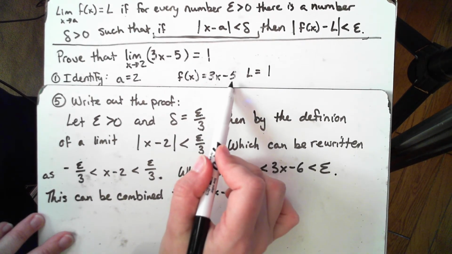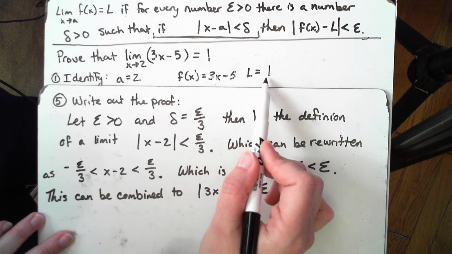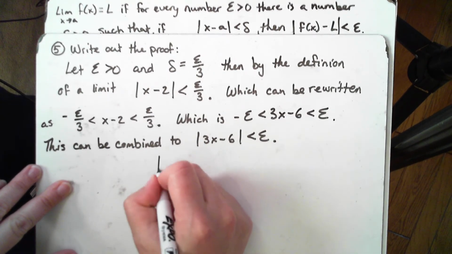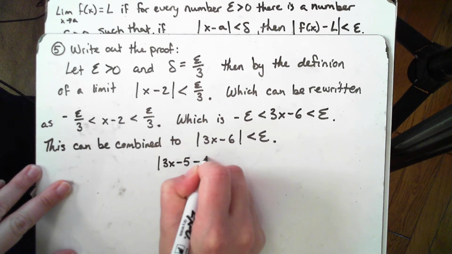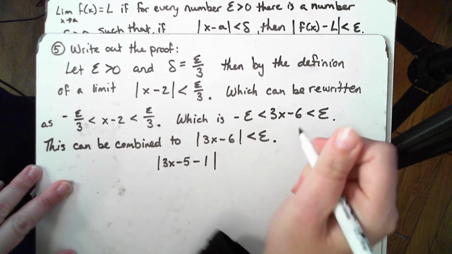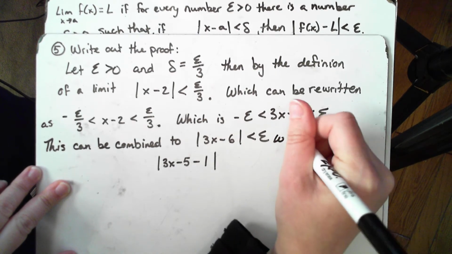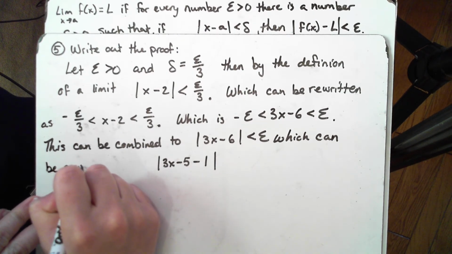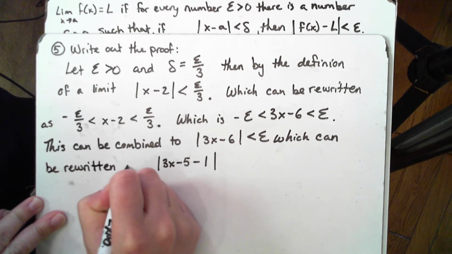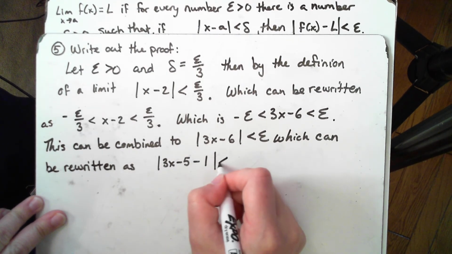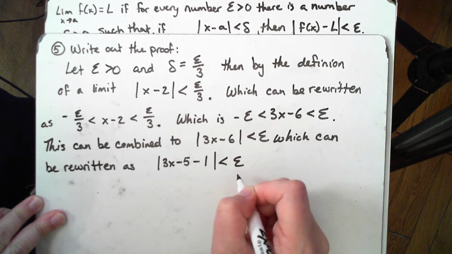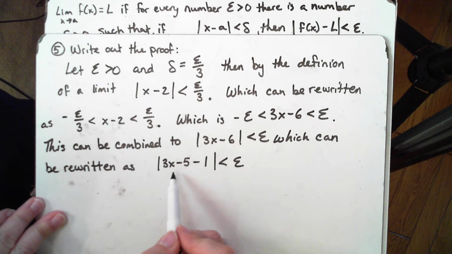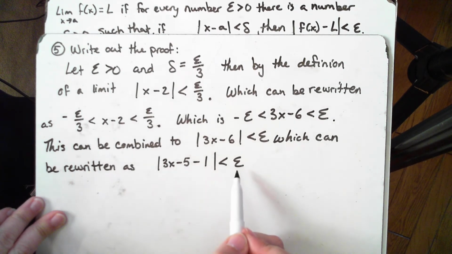I need a 3x minus 5 where the f of x needs to be, and the limit is supposed to be 1. And remember, this is the absolute value of 3x minus 5 minus 1, and that is equal to negative 6. So I need to write which can be rewritten as this is less than epsilon. So this is exactly what I needed here: f of x minus L is less than epsilon.